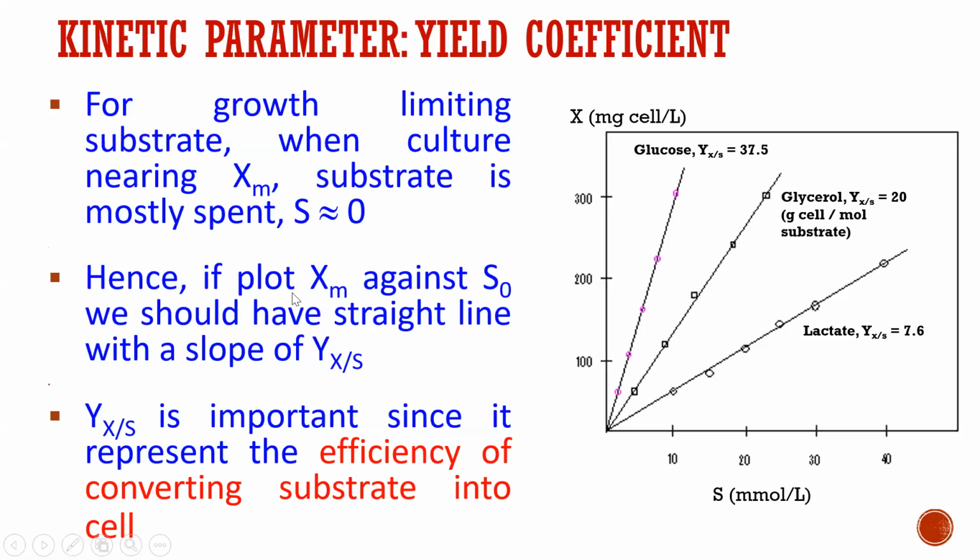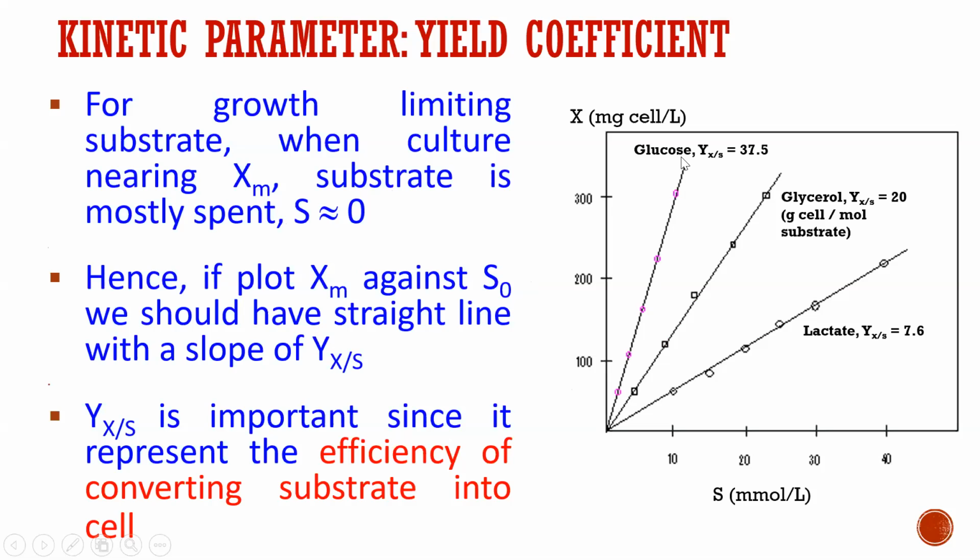Hence, you plot maximum cell concentration against initial substrate concentration. For example, we do several shake flasks, each containing a different substrate concentration with the same initial cell inoculum. If you plot this curve, you should get a slope of yield X over S.